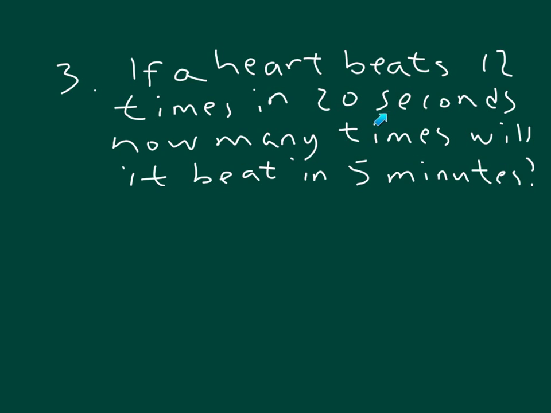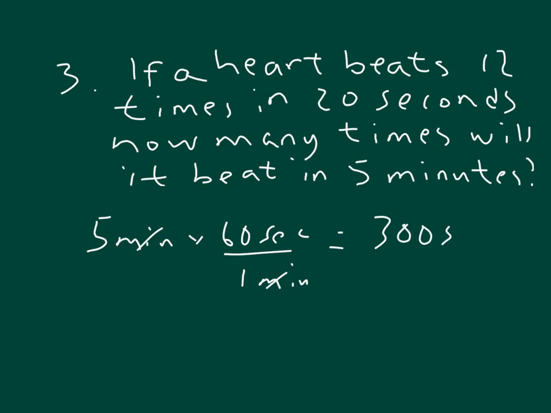And we can make seconds a fraction of a minute, but it's probably more convenient to change 5 minutes to seconds by doing 5 minutes times 60 seconds per 1 minute. Minutes cancels, so 5 minutes would equal 300 seconds.